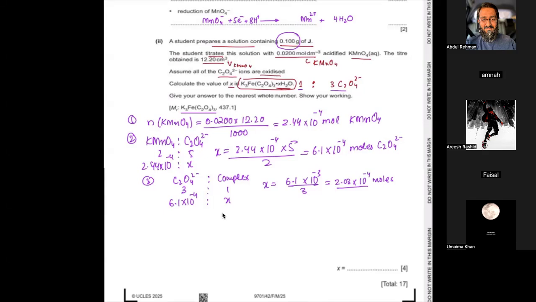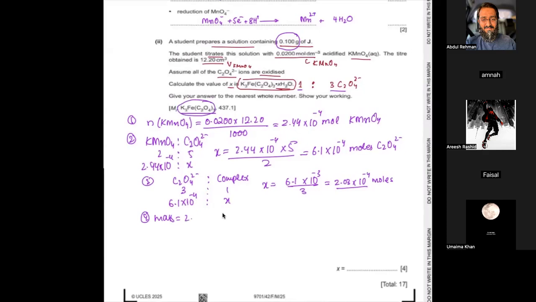We got the moles. We can calculate the mass, that is, how much mass is present of just this one without water. So what we are going to do, we are going to multiply the moles with the MR, which is 437.1. Can anyone tell me the value?